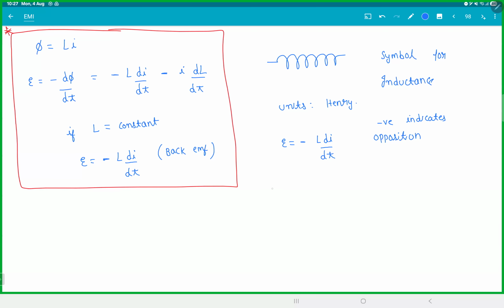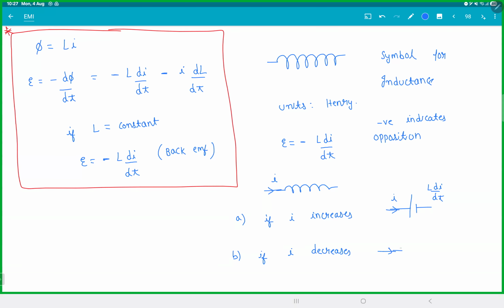So what do you mean by this? If you have an inductor and let's say current I is going like this, case one, if current increases, I will try to oppose you. How do I do that? I will put a battery opposite to your current flow. If I decreases, I will support you, just like Lenz's law.